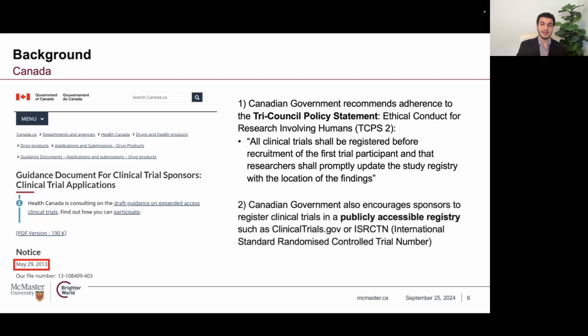Now, furthermore, they state that sponsors should register their trial in a publicly accessible registry, such as clinicaltrials.gov. Now, you'll see when I present later on what that implies and the limitations of this statement. But once again, it doesn't really specify what would happen otherwise. Are there any legal implications? Are there financial implications? Currently, not really enforced.